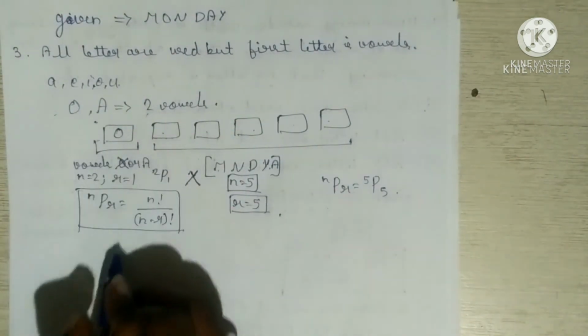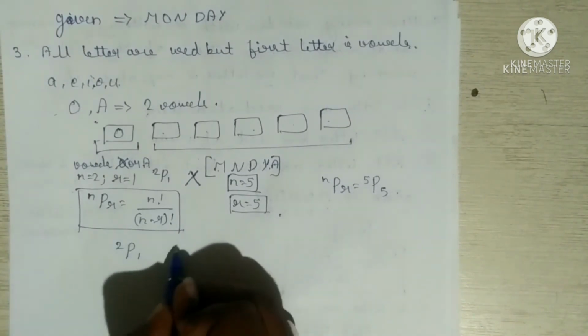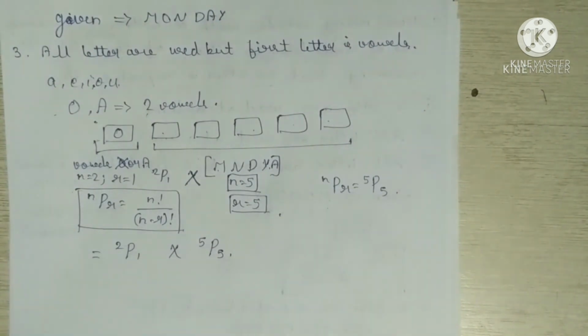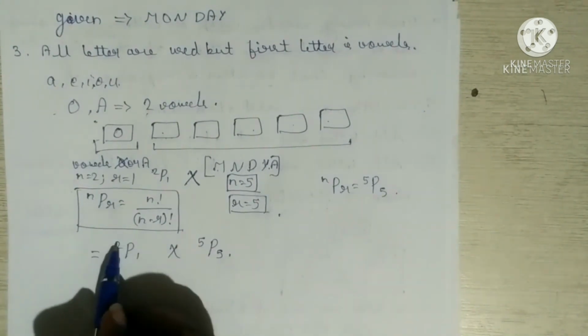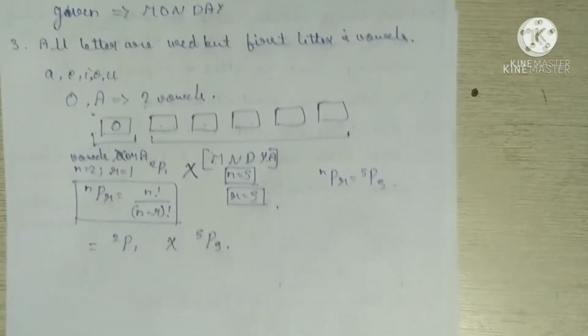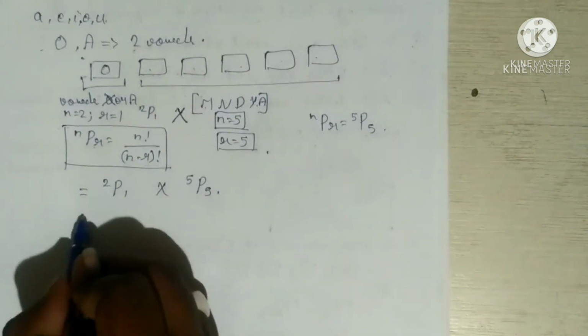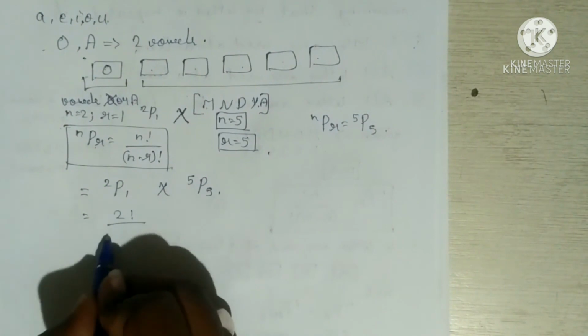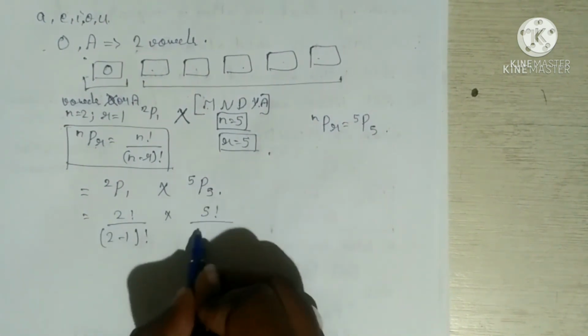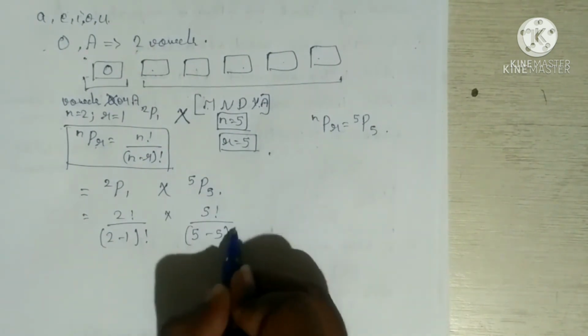For this, 2P1 into 5P5. Apply the permutation formula. You will get 2 factorial by 2 minus 1 factorial into 5 factorial by 5 minus 5 factorial.